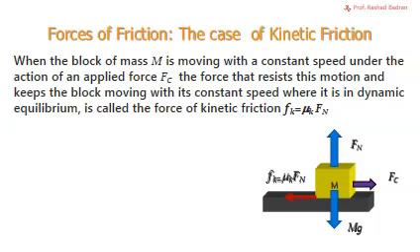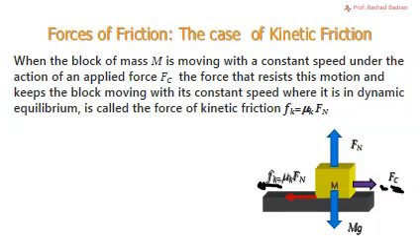When the block of mass m is moving with a constant speed under the action of an applied force, obviously the object is moving with a constant speed under the effect of two forces, the applied force to the right and the frictional force to the left.